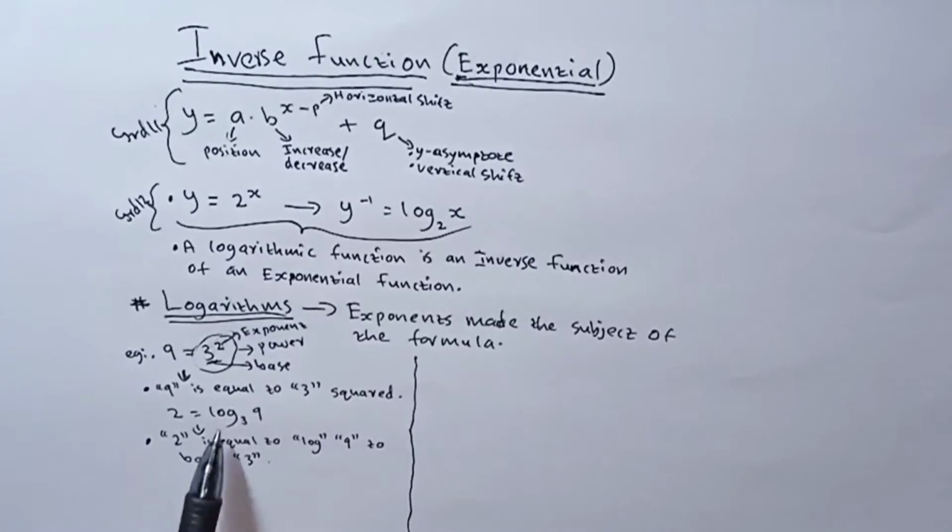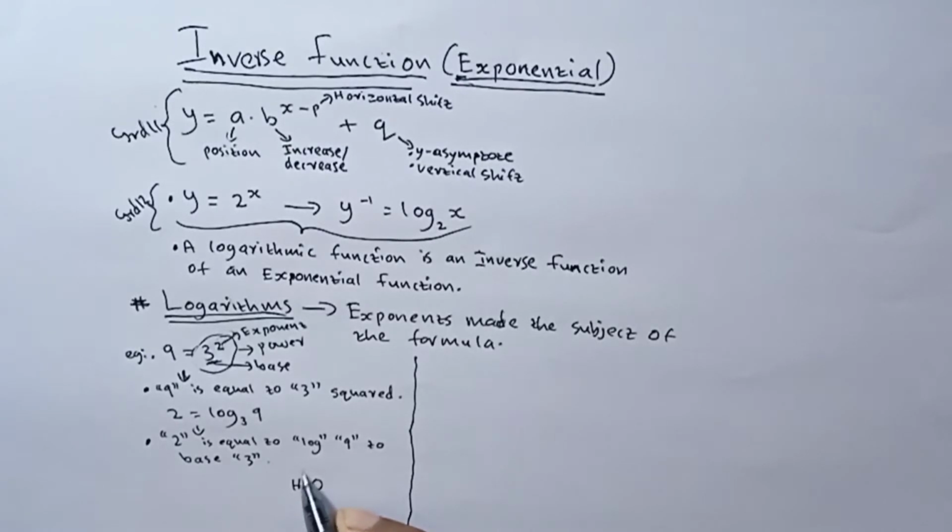Being equated to, I will introduce the log. And after introducing the log, what about 3 and 9? 9 will be here and 3 will be down there as a subscript. Something that is down there is a subscript. Like for an example, if you remember in chemistry, if you have H2O, this 2 we call the subscript of 2.